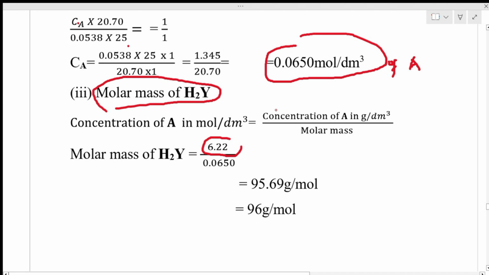Just divide, making your molar mass of the formula 95.69 gram per mole, which is equal to 96.